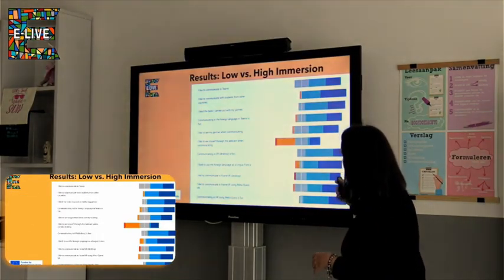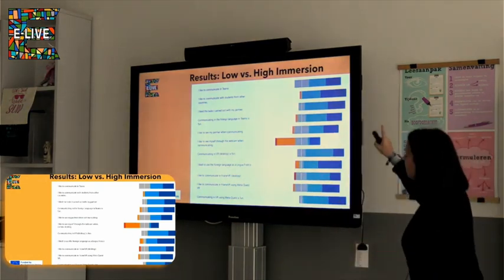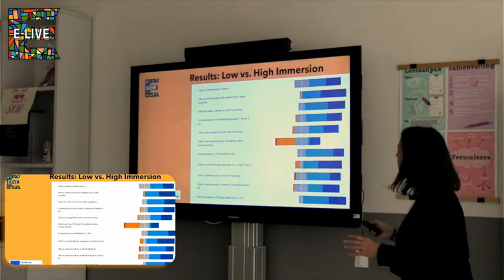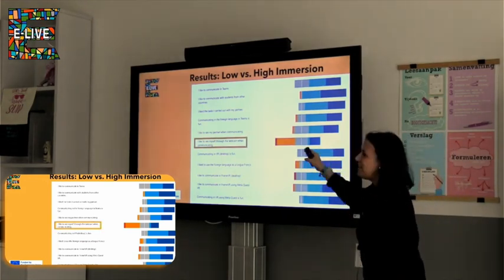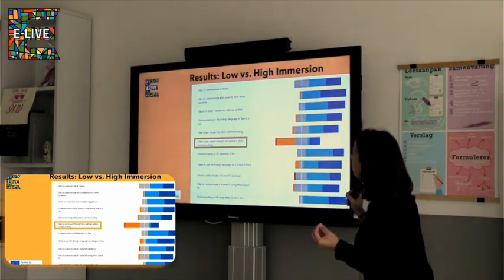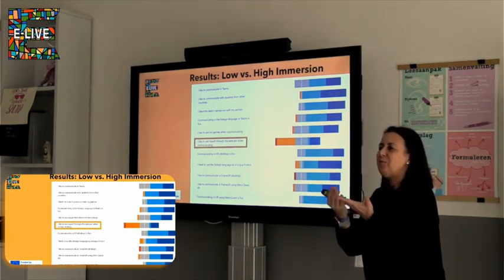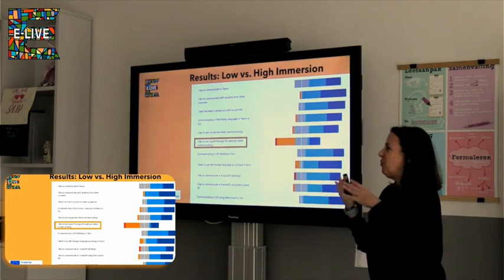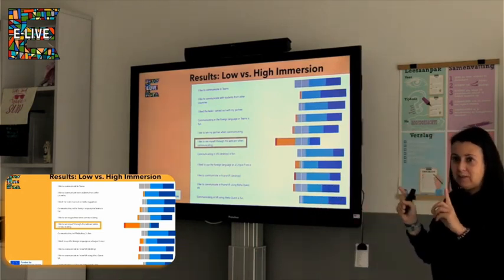As you can see, all of the answers are very positive, but the only one that has a rather negative answer is the one that says, I like to see myself through the webcam when communicating. So they want to see the other person, but they don't like to see themselves. On Frame VR, they were okay because they couldn't see themselves. They could if they wanted to, but they didn't.